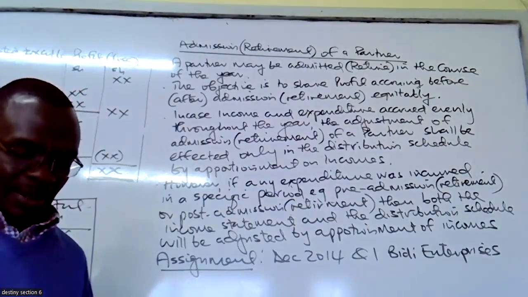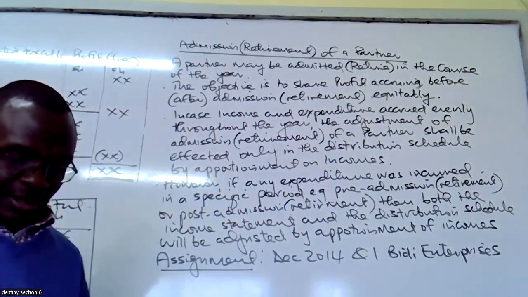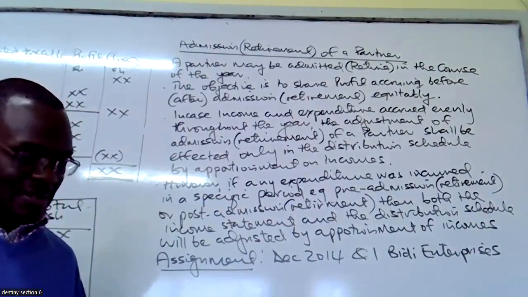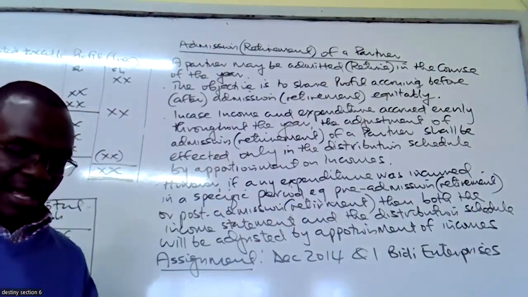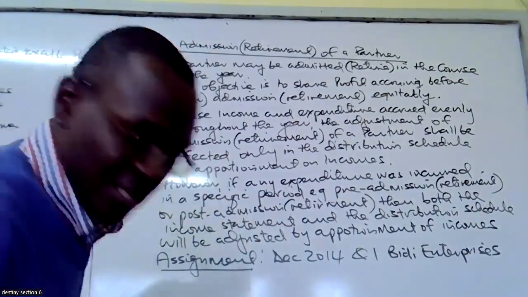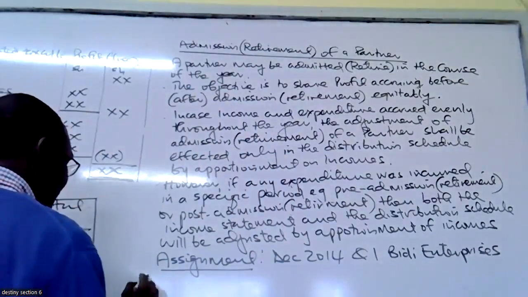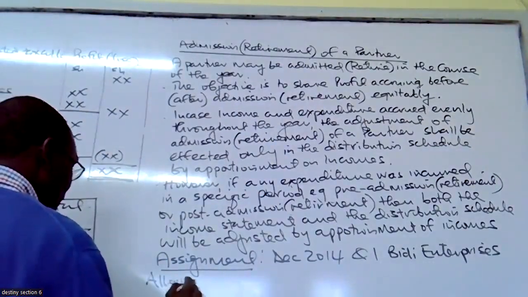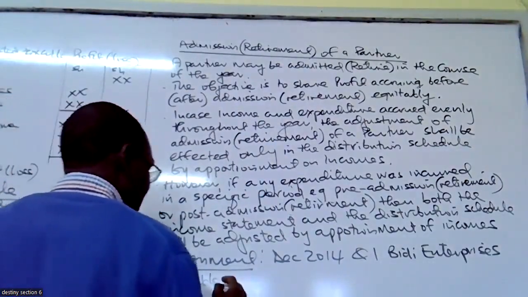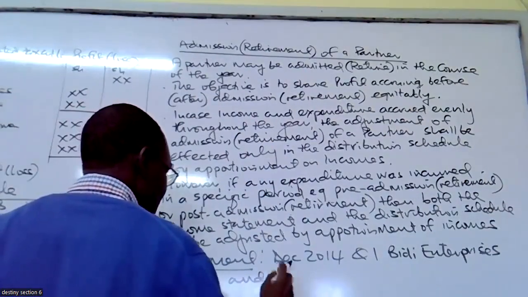In the meantime, I will look at details of what is allowable expense and what is disallowable expense. So our next discussion is allowable and disallowable expenses.